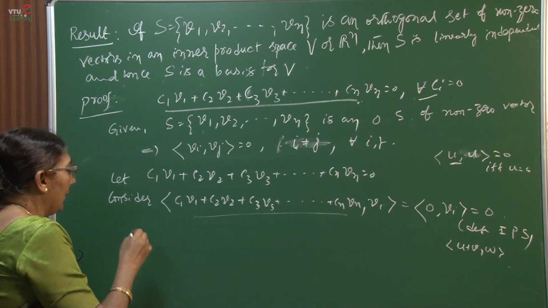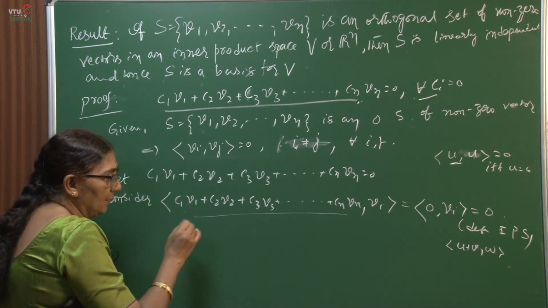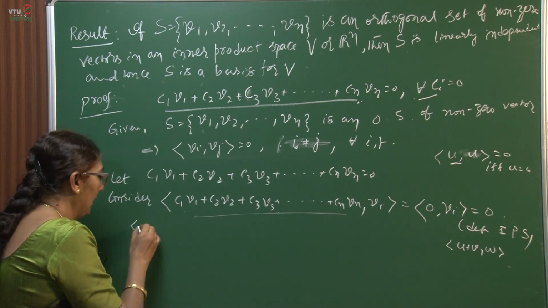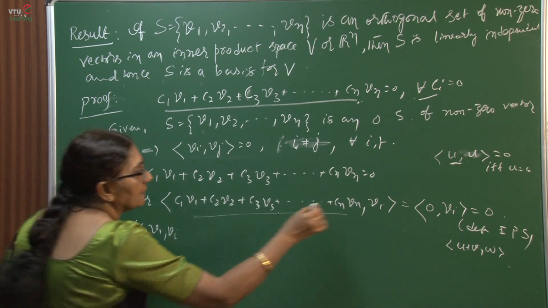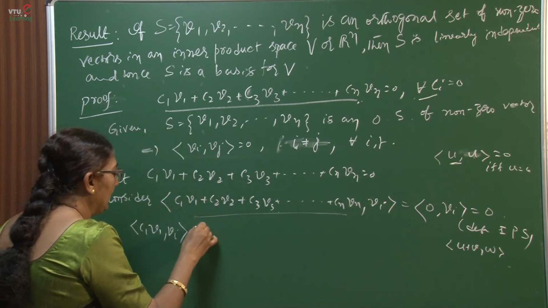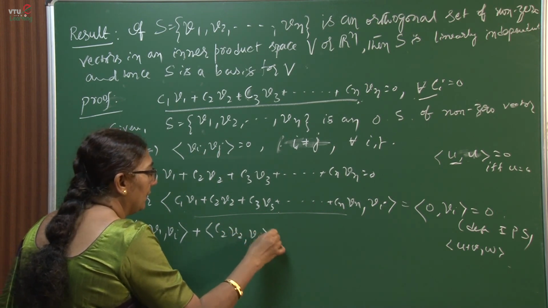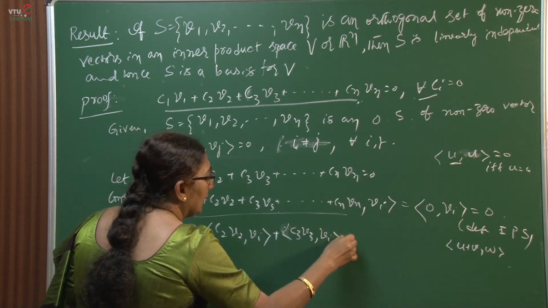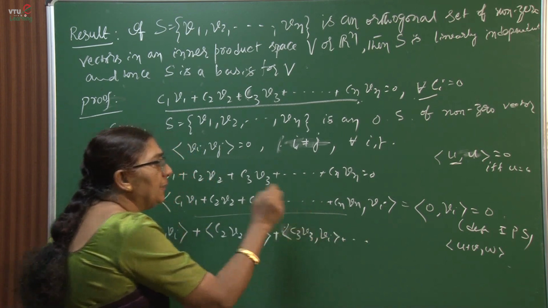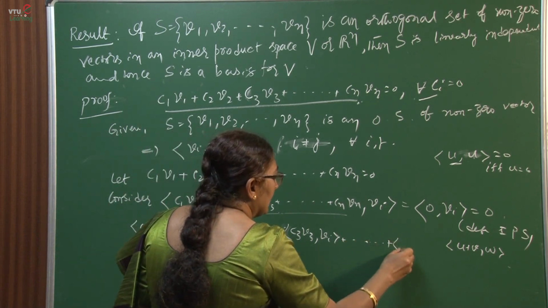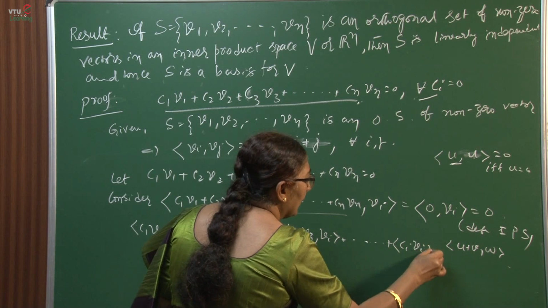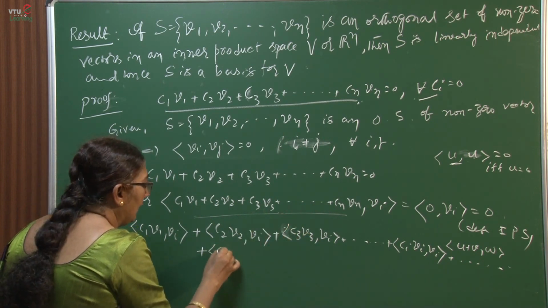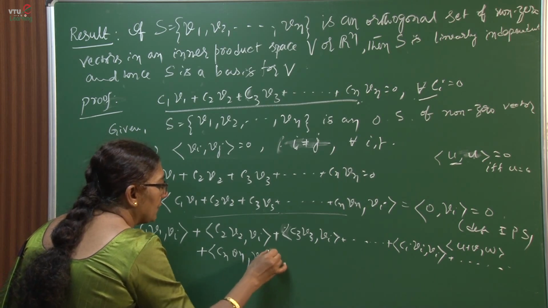From the additivity of the first slot, we get C1 V1 comma Vi plus C2 V2 comma Vi plus C3 V3 comma Vi, and so on, where Vi is somewhere between V3 and Vn, up to Ci Vi comma Vi plus and so on, plus Cn Vn comma Vi, which must be equal to 0.